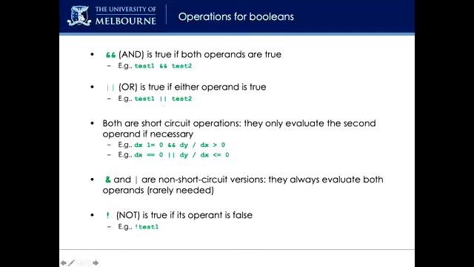And these are called short circuit operations, and they're there to streamline or make certain things faster, right? But you can also use a single and a single or operator as well. And these are non-short circuit operators, and this is when you want it to evaluate both sides.